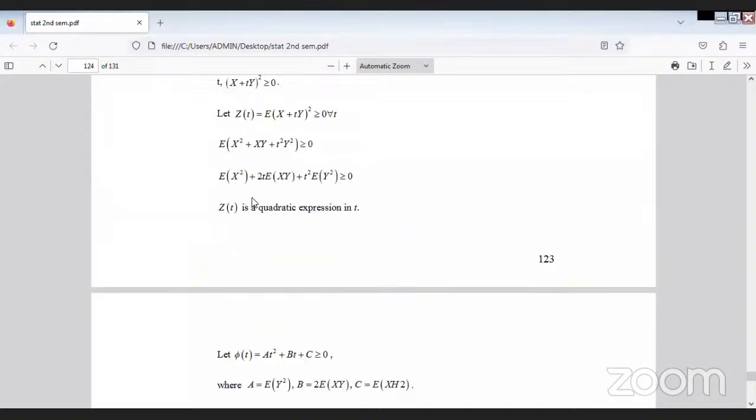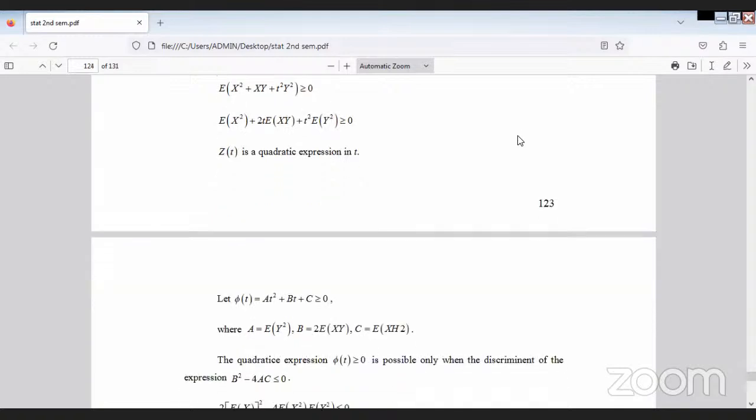Comparing the coefficients: E of Y square, 2 E of XY, and E of X square. Sir, actually 2t times the expectation of XY, I think. XY is correct. Yes, sir. That is c, E of X square, that is the constant. Correct? Yes, sir.